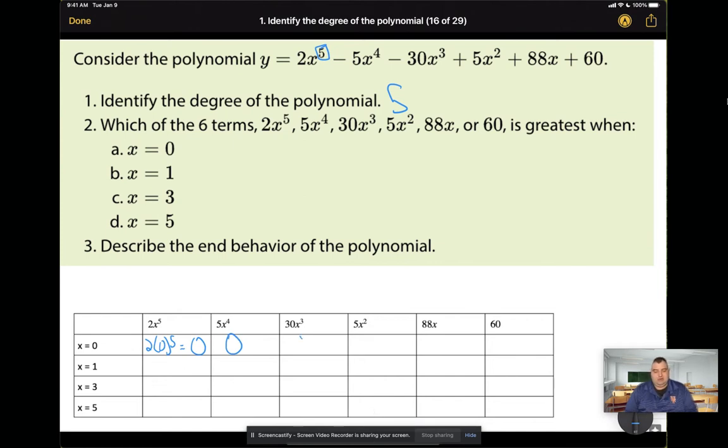And it turns out all of these are going to be 0 except for this last one. The constant term is always going to have a value of 60 no matter what. The constant term is called the constant term because it stays the same no matter what the value of x is.